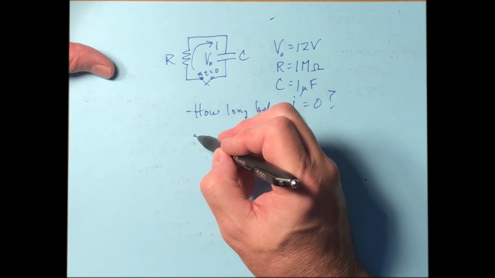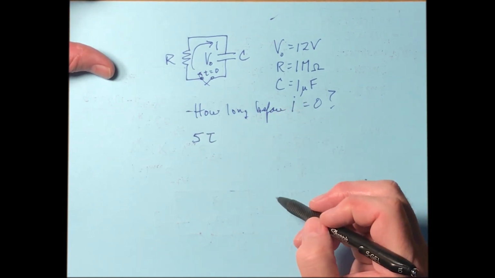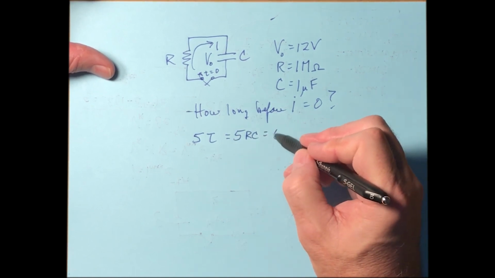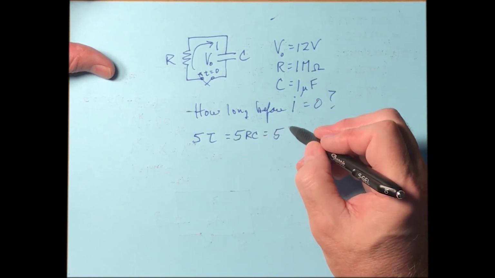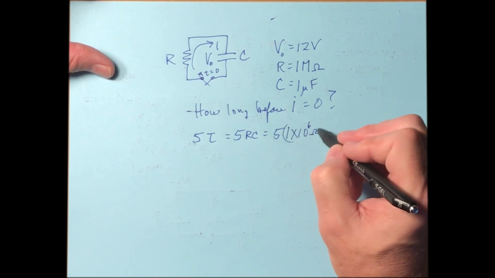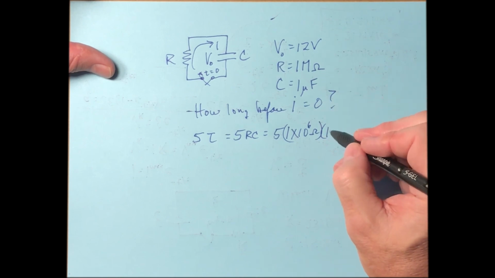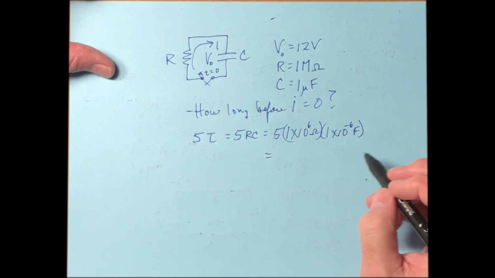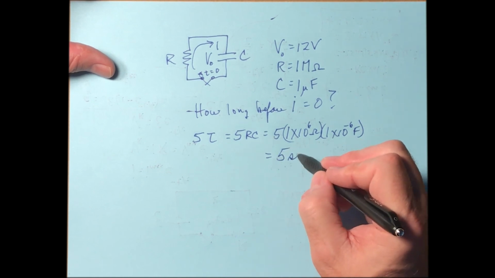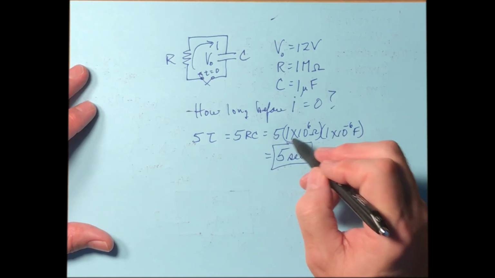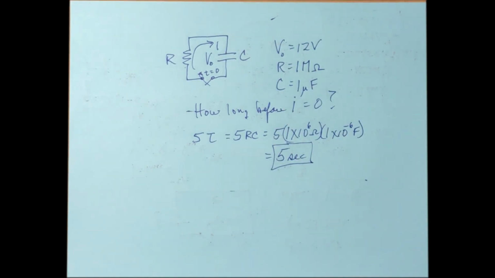The answer is 5 tau, which is 5 RC, which is 5 times R, 1 times 10 to the 6 ohms, multiplied by C, 1 times 10 to the negative 6 farads. So how long is that? 5 seconds. That's how long it takes the current to die. Okay, that one was real easy.